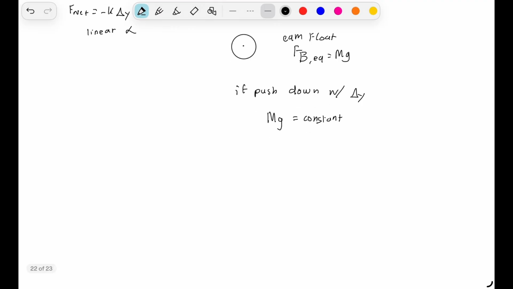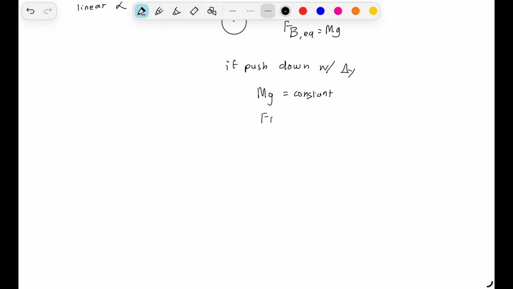It's still going to be equal to the weight, but your FB is equal to rho water submerged G is actually going to increase. That's because more volume is going to be submerged when you push it.